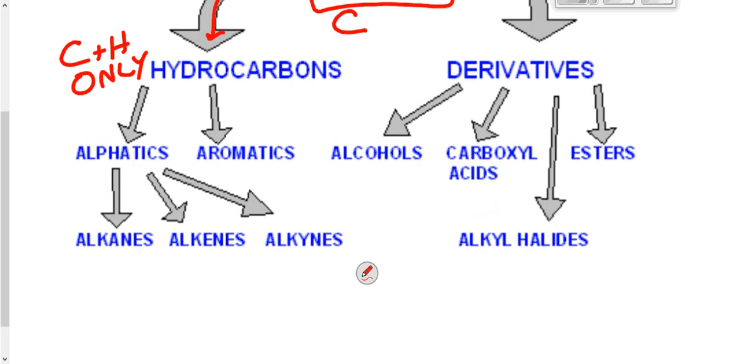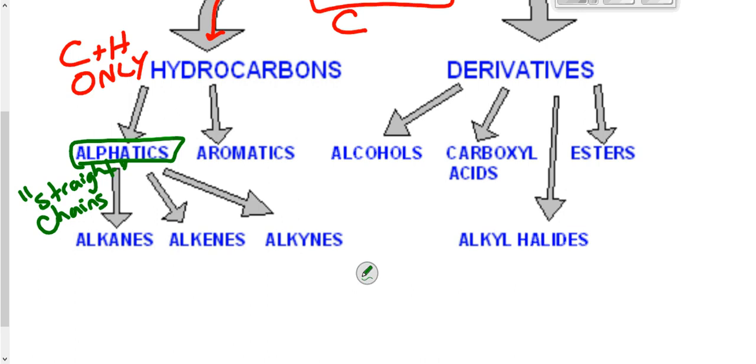Now, in the hydrocarbons, there's 2 different main groupings. There are the aliphatics, which are the carbon-hydrogen compounds that form straight chains. And I put the word straight in quotes because in reality they're not exactly straight lines, but you will see long chains being formed in the aliphatics.